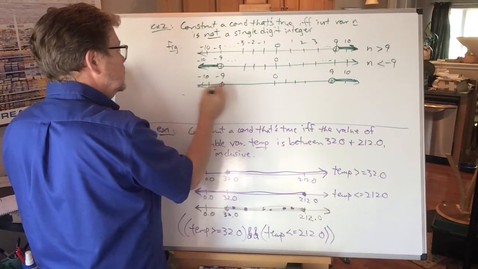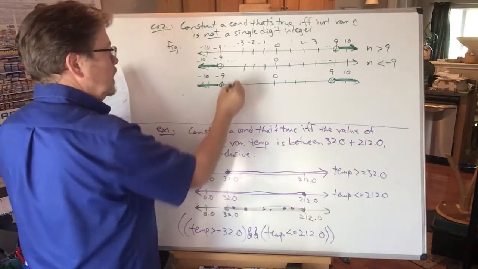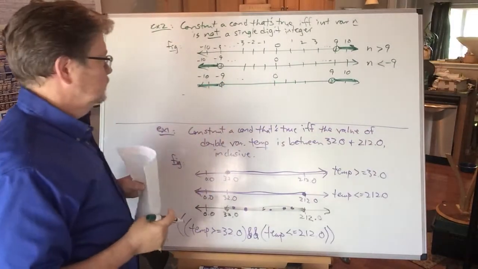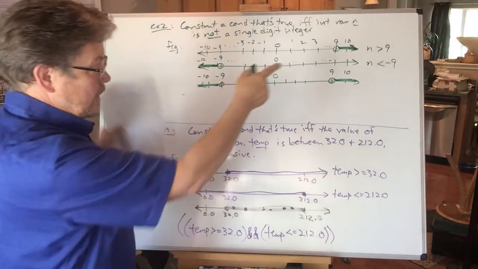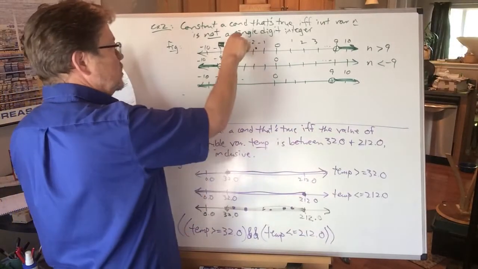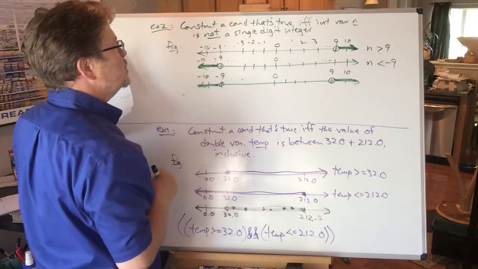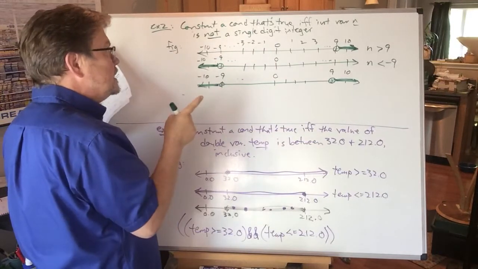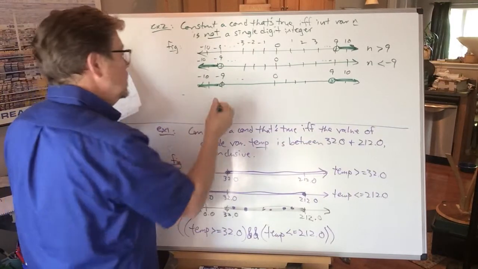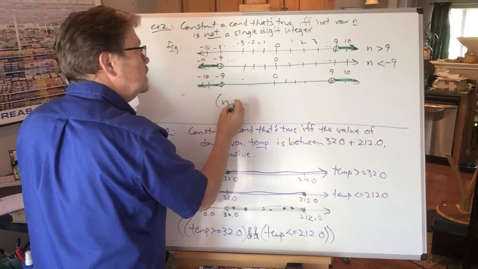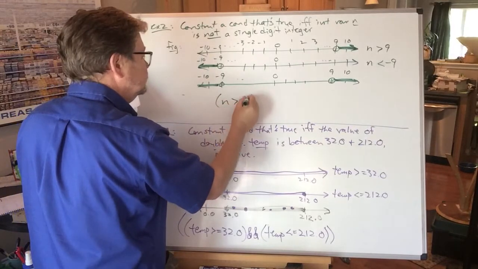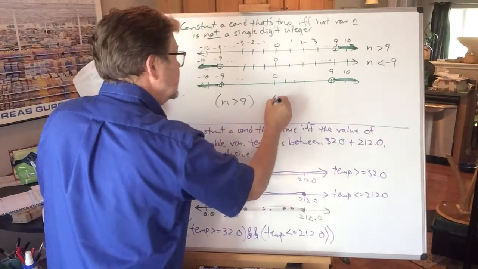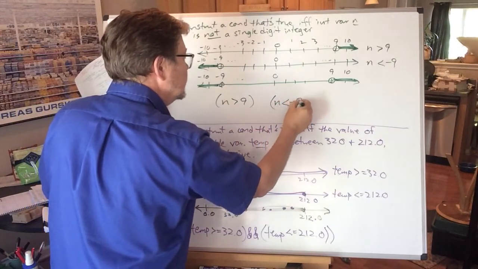Open circle, solid, the dots. I've got my two subconditions already. I'm still trying to get a single condition that is true if and only if n is not a single-digit integer. So here's two possibilities. N could be greater than 9. That's one possibility. N could be less than negative 9.